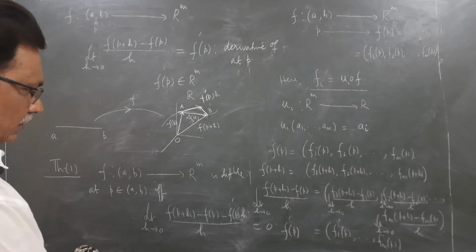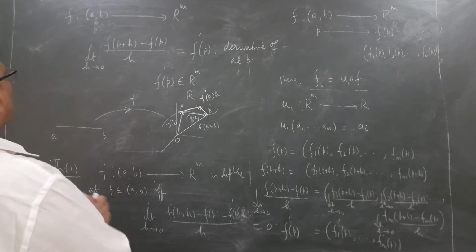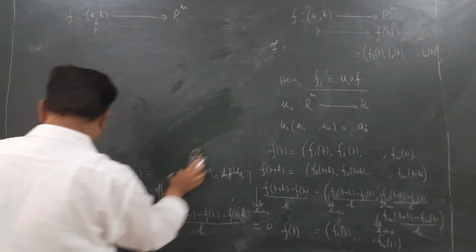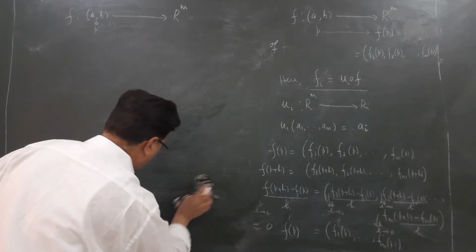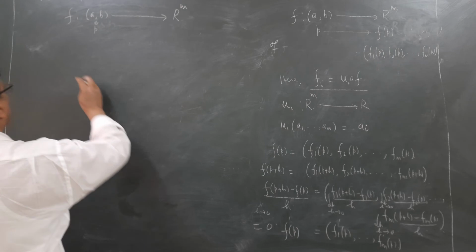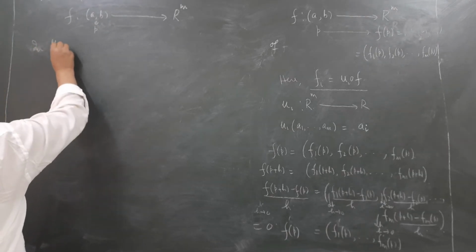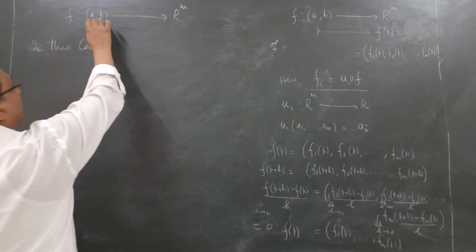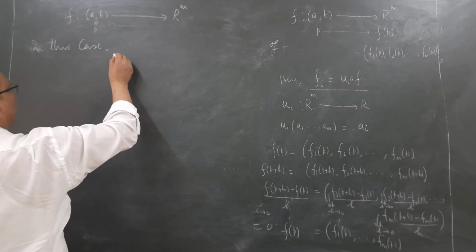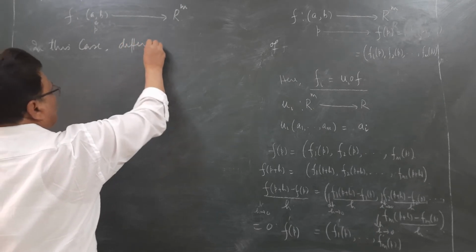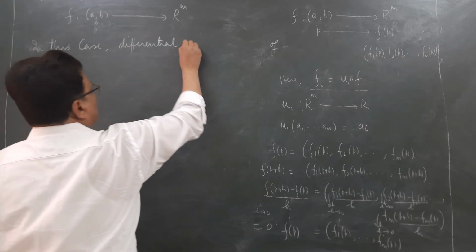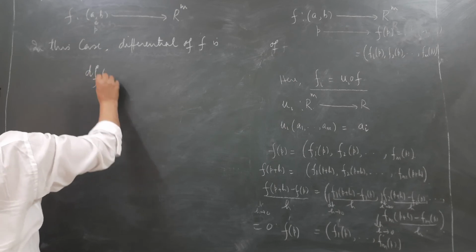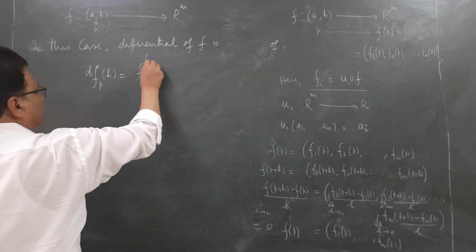Okay. So this is important. If you look at the differential of f over here, what is the case? f is a function from an interval into Rm. So the differential of f is again denoted by the same symbol, and the definition is also the same.